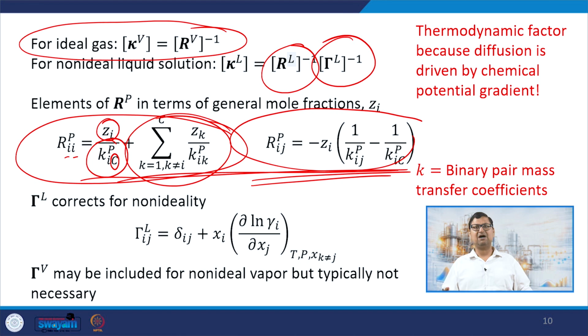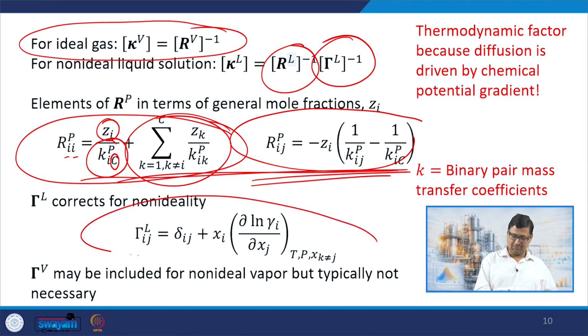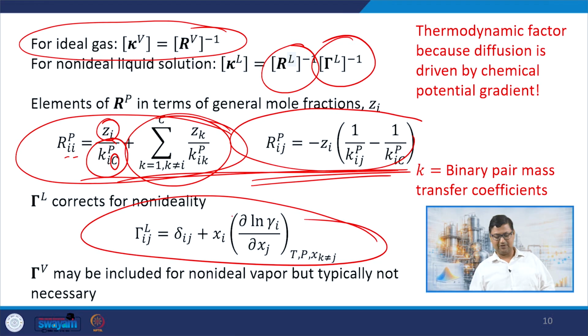And where does this gamma matrix come from? It comes from something like this, where I have my notion of activity coefficient. Typically, we consider the liquid to be in the non-ideal state, and we assume that the vapor is ideal. In that case, for the liquid, we introduce the notion of activity coefficient, which is more convenient for liquids, as we have discussed.